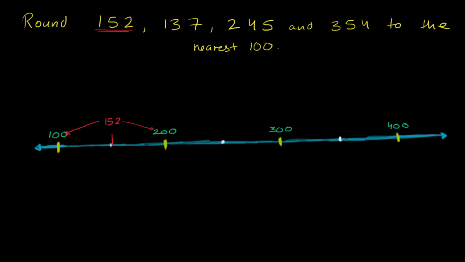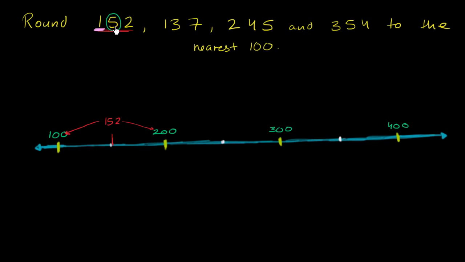If we're rounding to the nearest 100, we want to look one place to the right, at the tens place, to decide which multiple of 100 it is closer to. The rules are very similar to rounding to the nearest tens place, or really any place. We look one place to the right, in this case the tens place. If this is 5 or larger, we round up.